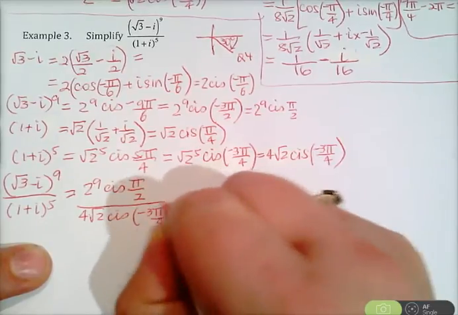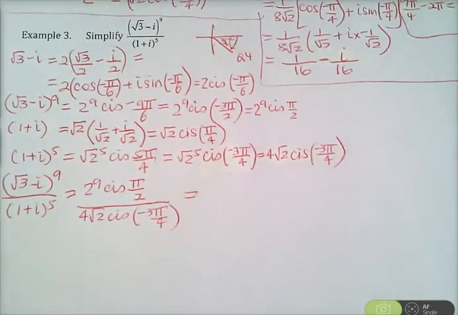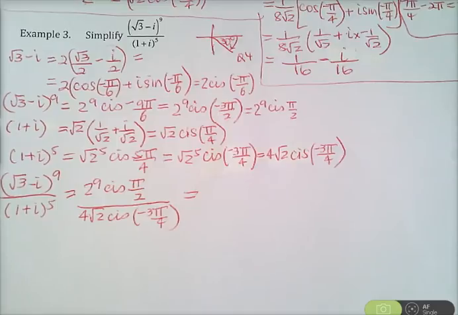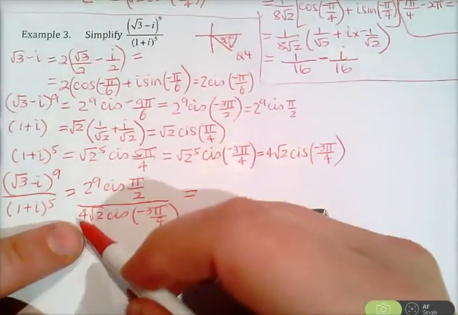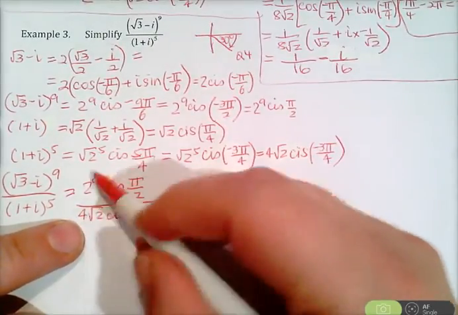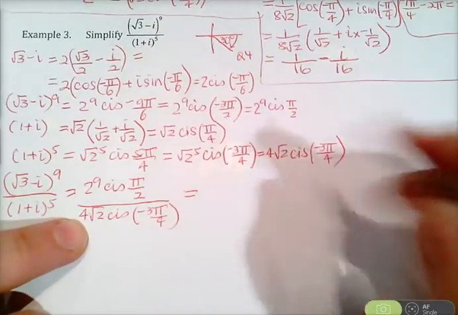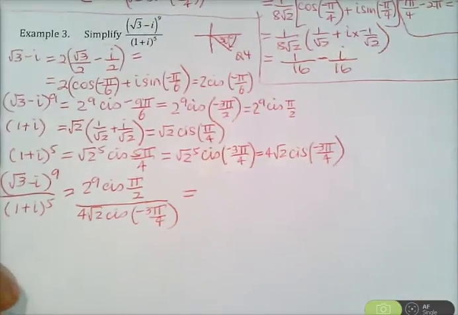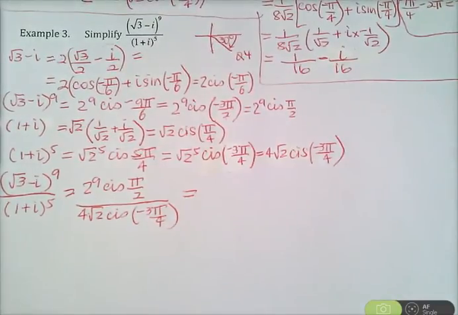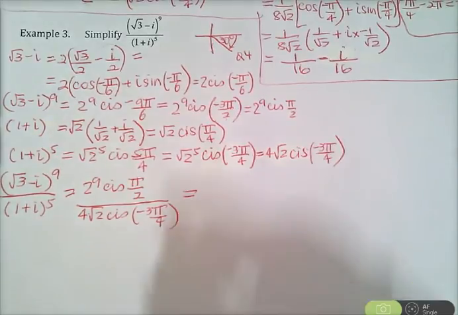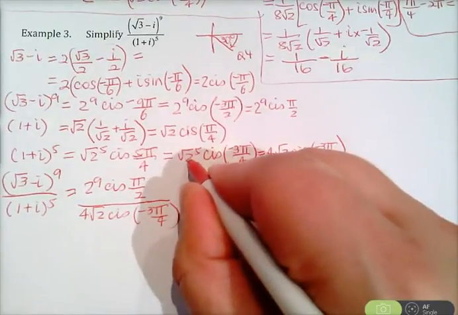Now remembering when we're dividing complex numbers, we divide the moduli and we subtract the arguments, okay? So 2 to the power of 9 over 4, that's what I'd be doing first. Or actually what I'm going to do is rewrite this one here.